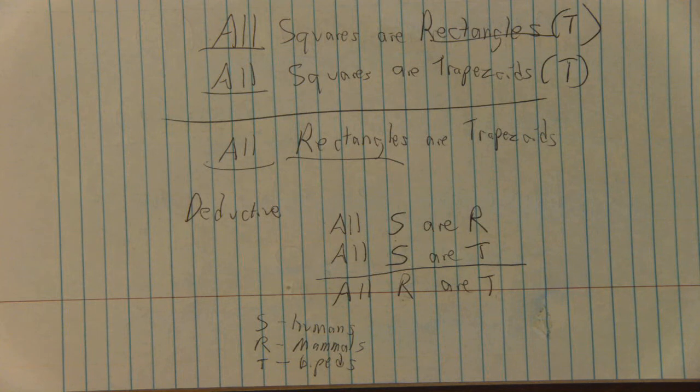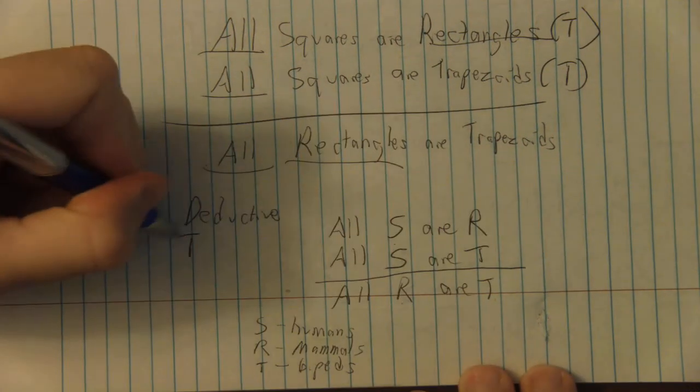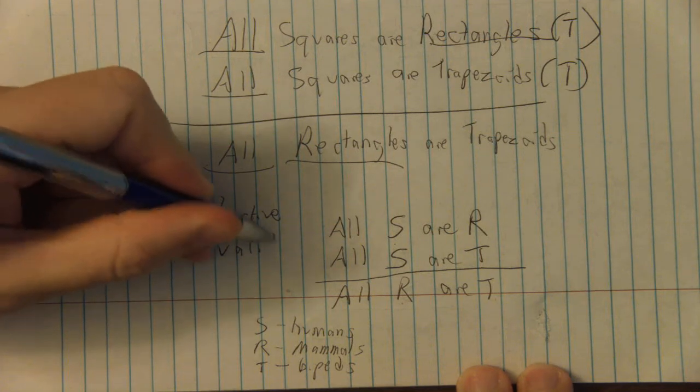That is what we call a counterexample, which means we have proven beyond a shadow of a doubt that that argument is invalid.